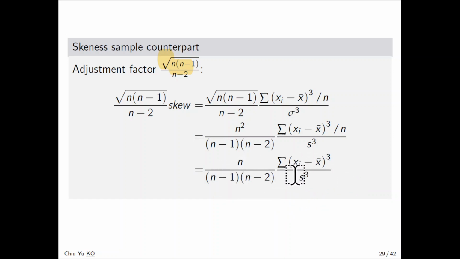Basically, you replace the population standard deviation with the sample one, and then you need to adjust a lot of things. Either use this formula or that one to calculate the sample skewness. The sample one is a little more tricky.